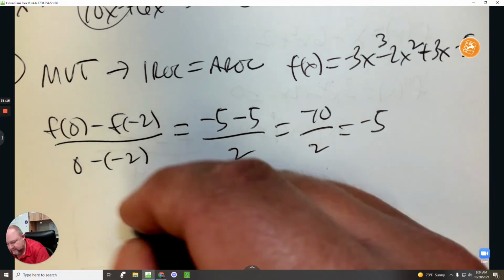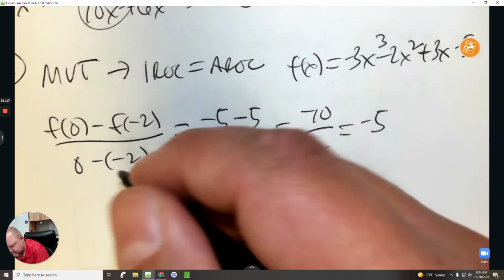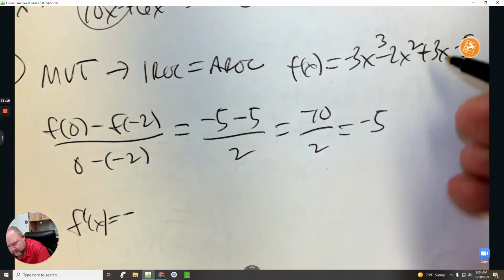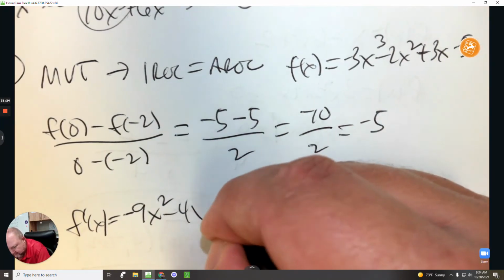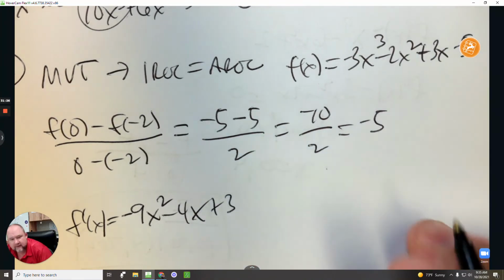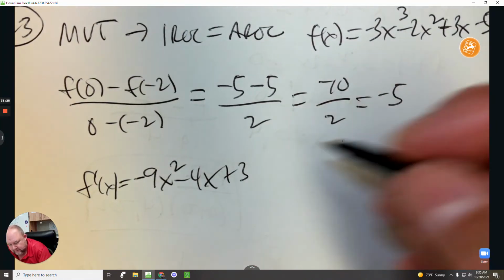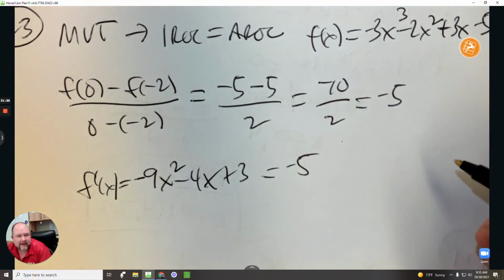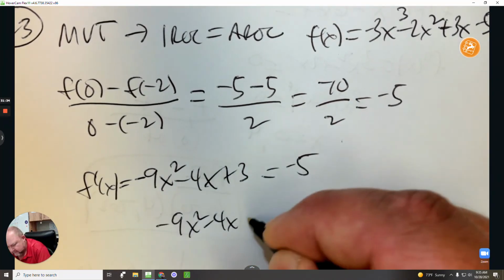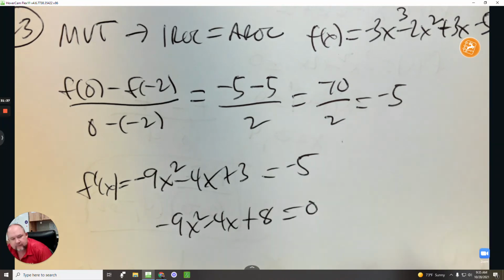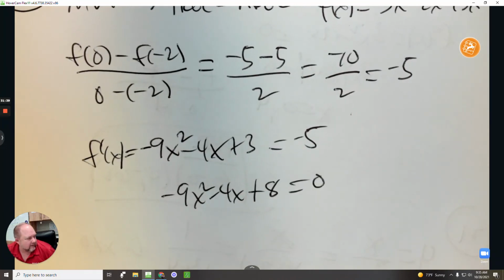The derivative is -9x squared minus 4x plus 3. I'm going to take the derivative and make it equal to -5. Add 5. So I have -9x squared minus 4x plus 8 equals 0.